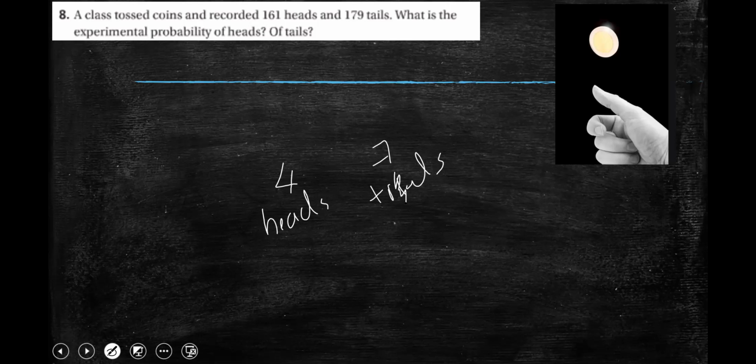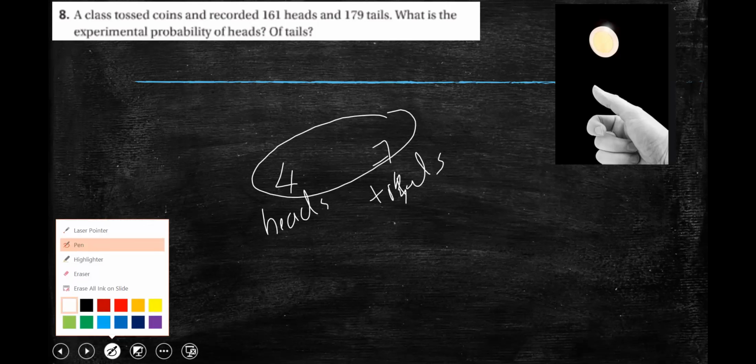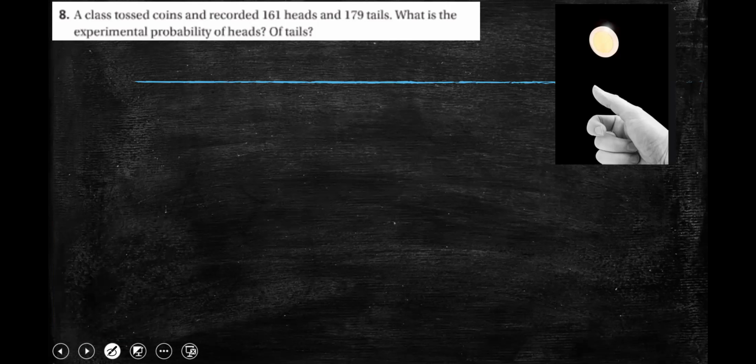Thank you. I toss it 11 times, 4 of them are heads, 7 of them are tails. Here we have the same, but with big numbers. They record 161 heads and 179 tails. What is the experimental probability of getting head?